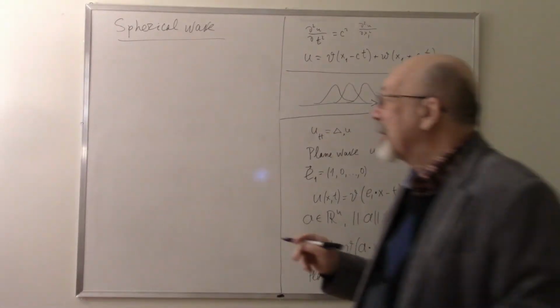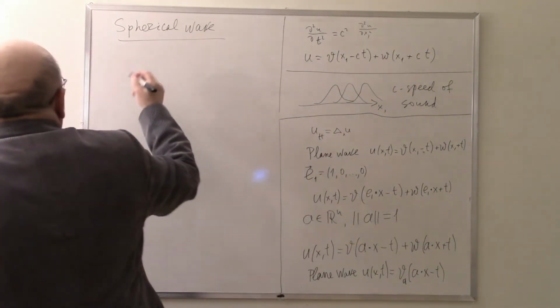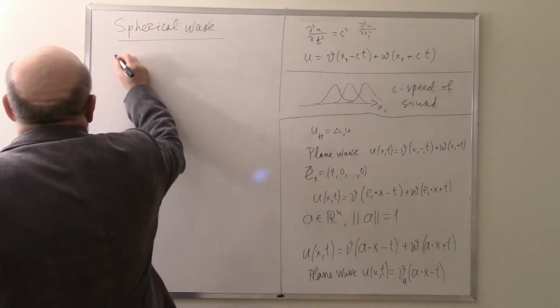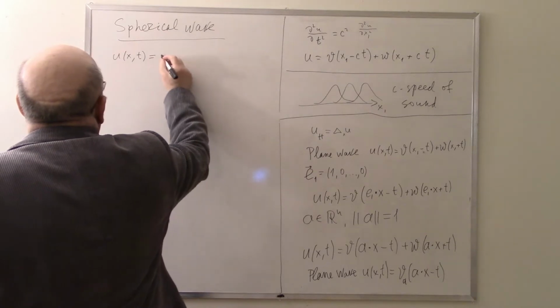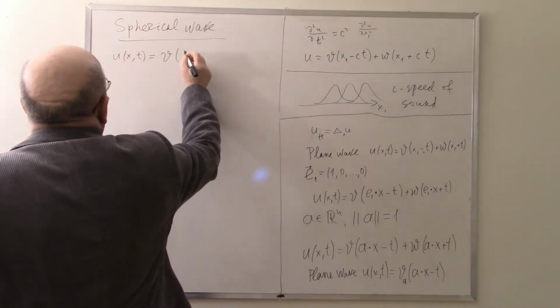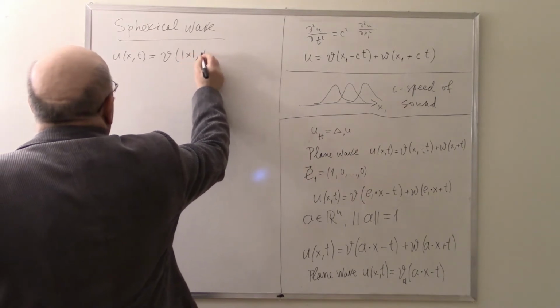It is the following solution, or it has the following form. u of x,t equals v of the modulus of x and t.